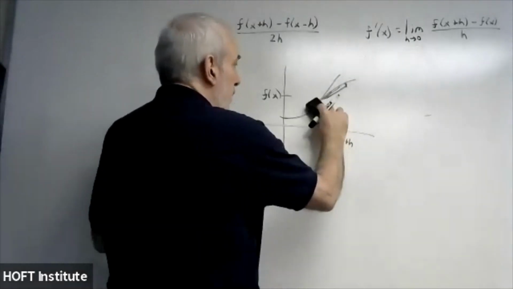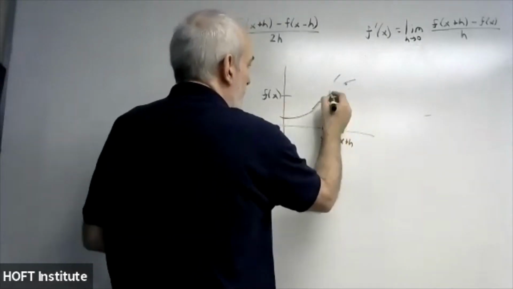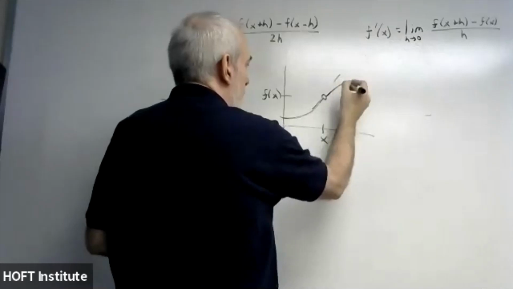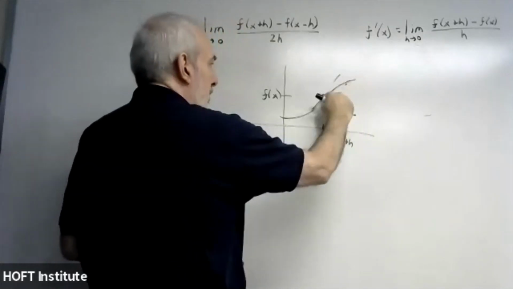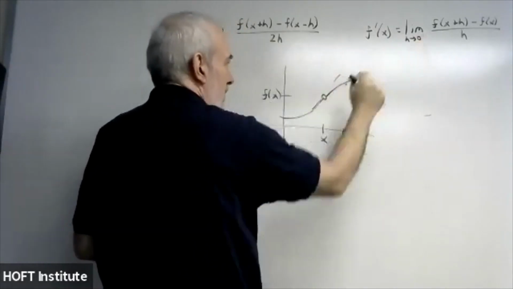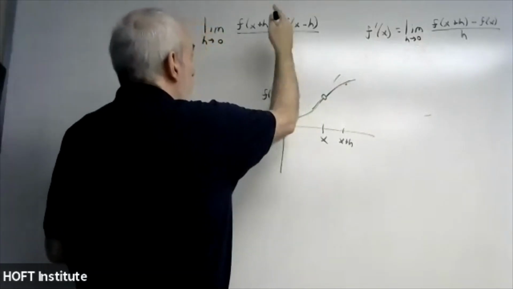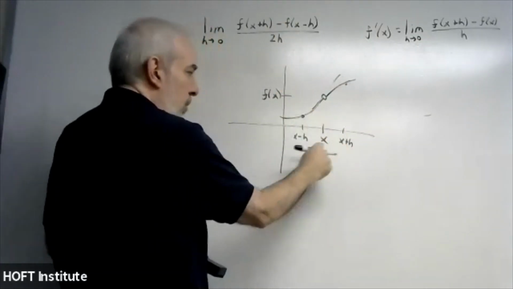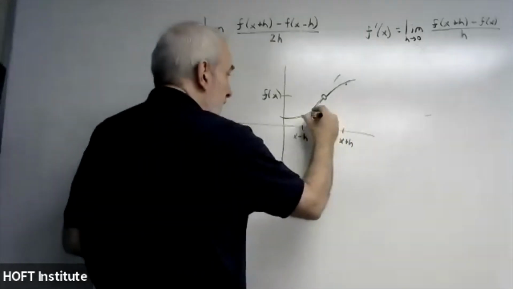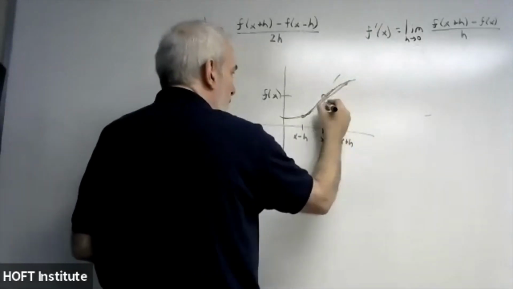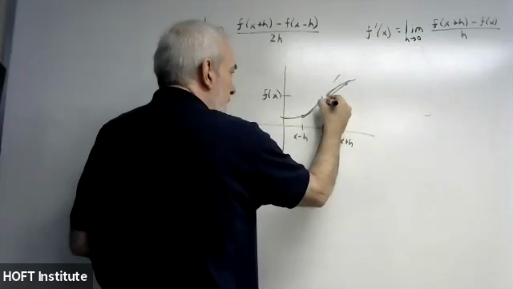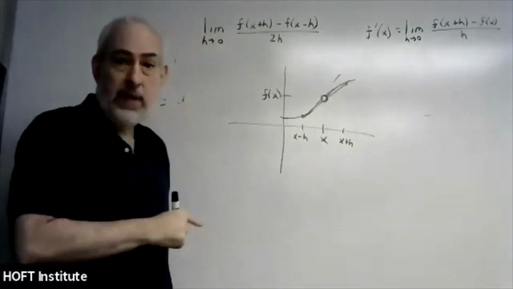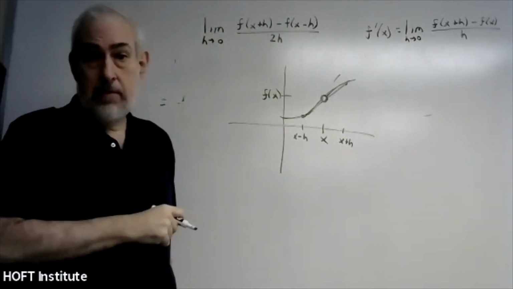Oh, and notice, if this point didn't exist, then we couldn't do a slope of a secant line because f of x would be undefined there. But this problem, the way that it tackles it, is it picks two points, one to the right, one to the left, and it calculates slopes repeatedly, ignoring checking to see if that point even exists.